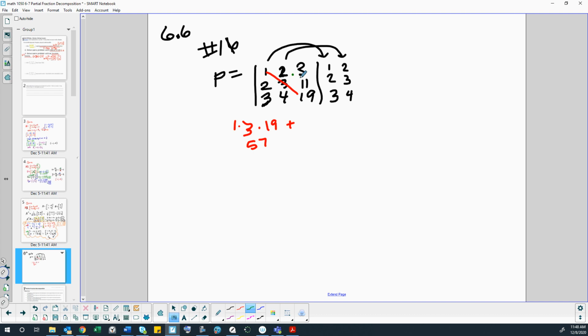So then I'm going to do 2 times 11 times 3. So that's 22 times 3, that should be 66. And then we're going to do 3 times 2 times 4. So 3 times 2, which is 6, times 4, which is 24.